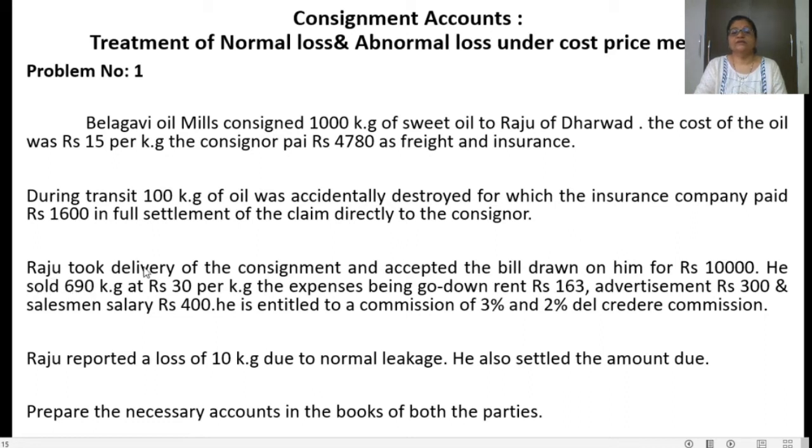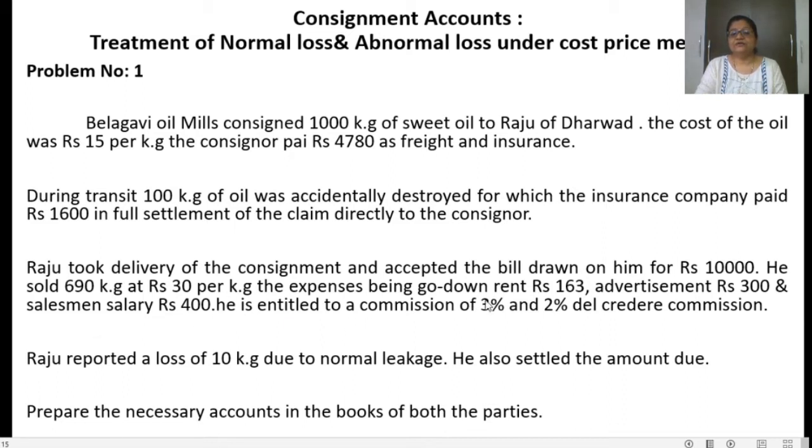Raju took delivery of the consignment and accepted the bill drawn on him for rupees 10,000. He sold 690 kg at rupees 30 per kg. The expenses being godown rent rupees 163, advertisement rupees 300 and salesman salary rupees 400.